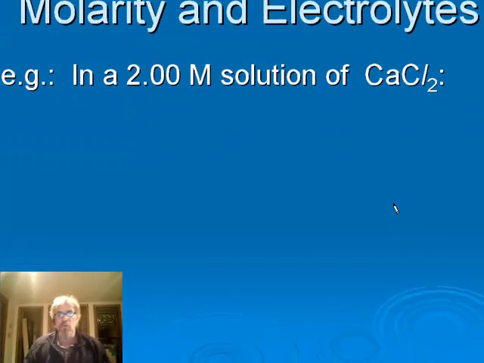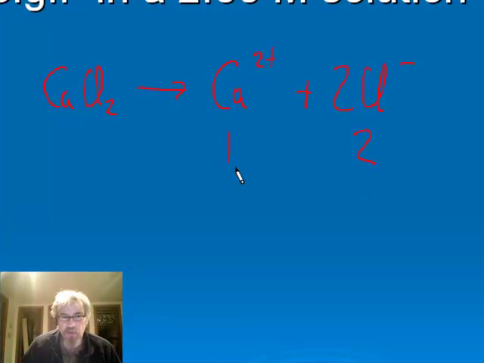Let's say I had a 2 molar solution of calcium chloride. What would be the concentration of ions? How many particles would be in there? Well, if I look at what happens to calcium chloride when it dissolves, it's an ionic compound and it's soluble, so it's going to split up and make a calcium 2+ ion plus 2 chloride ions, 2 Cl minuses. So here's 1 particle, and here are 2 more particles.